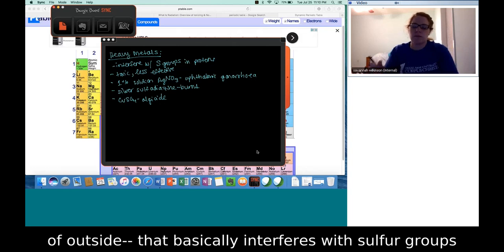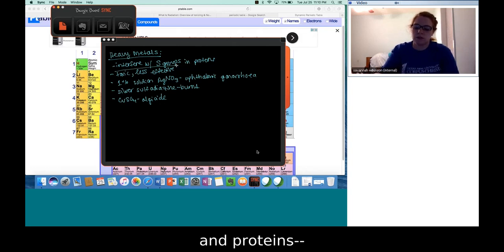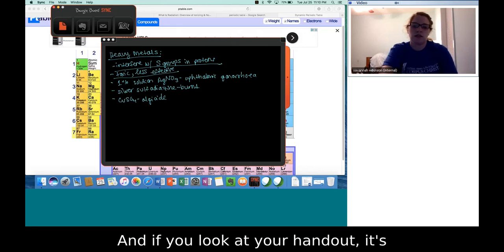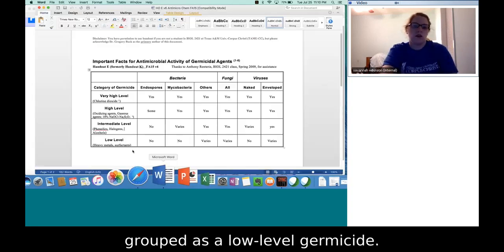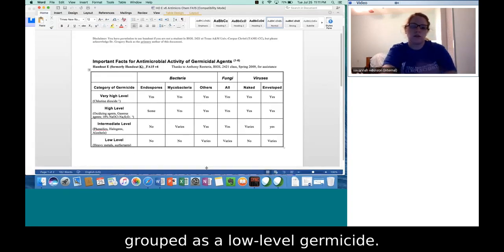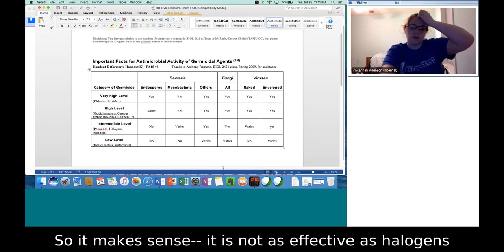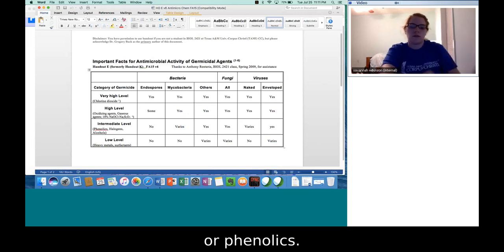Okay. It basically interferes with sulfur groups in proteins. Toxic, less effective, and if you look at your handout, it's grouped as a low-level germicide. So it makes sense that it is not as effective as halogens or phenolics.